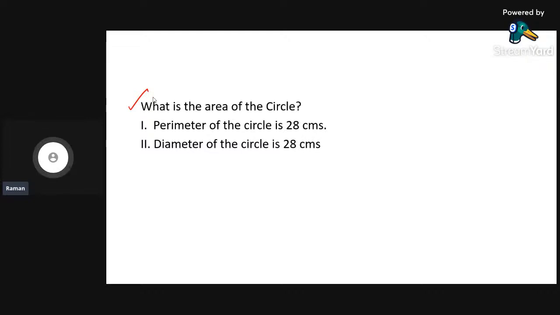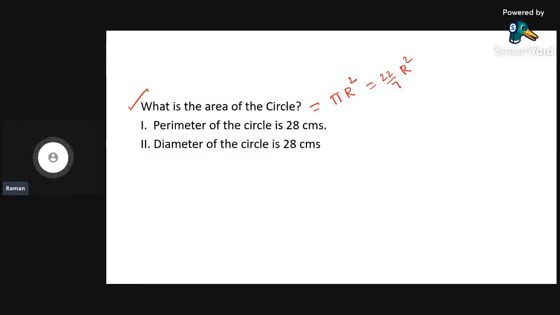What is the area of the circle? It's a very interesting question. We know the area of the circle is equal to pi r squared. We need the value of r. So now tell me whether both are required or either or neither. Very good, Pratmesh. It is either one or two. Exactly.